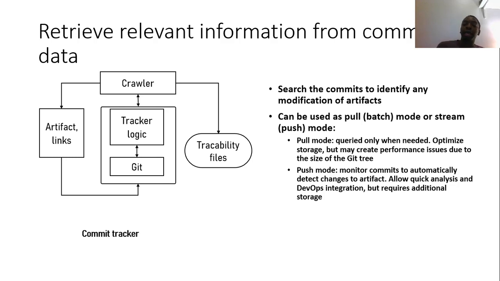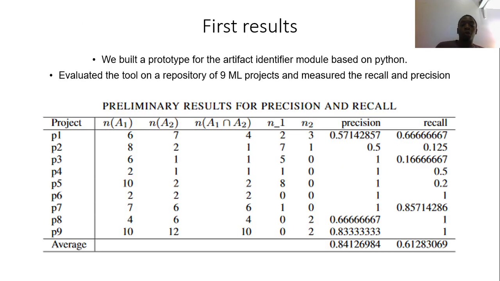The pull mode, where it only queries, so it will be used only when the developer needs specific information, or push mode, where it will be running continuously and monitoring the commits as they arrive, so that each time a commit arrives and it has updated information related to any artifacts, that information will be gathered and stored somewhere.